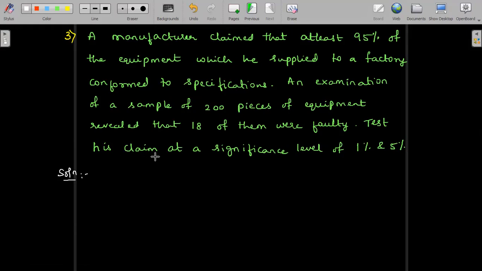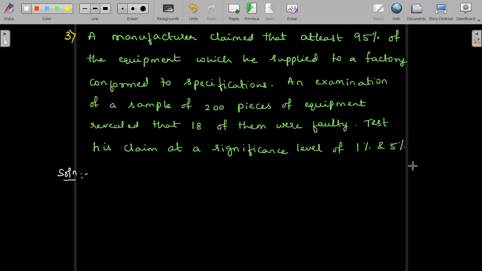So we have to test his claim at a significance level of 1% and 5%. Testing his claim here means we have to check whether whatever the manufacturer is telling, that 95% he has checked the equipment and it is not faulty. 5% of them are faulty, 95% of them are not faulty, he is saying, and we need to check whether his claim is correct or not at both 1% and 5% levels of significance.